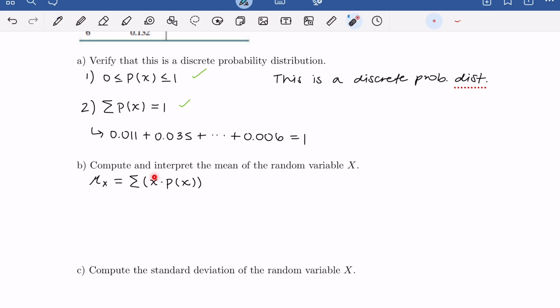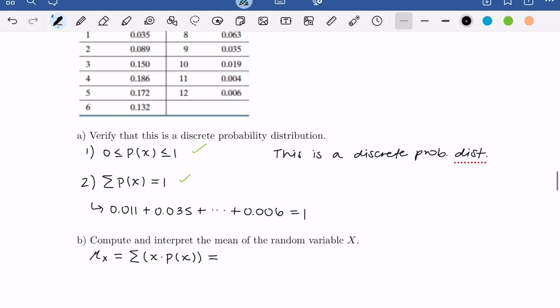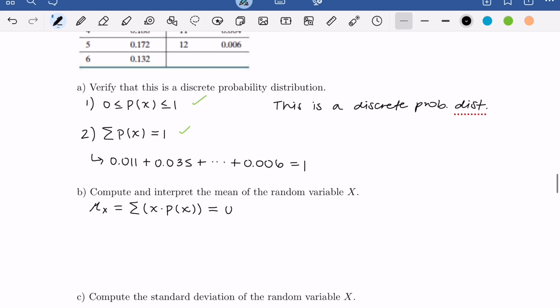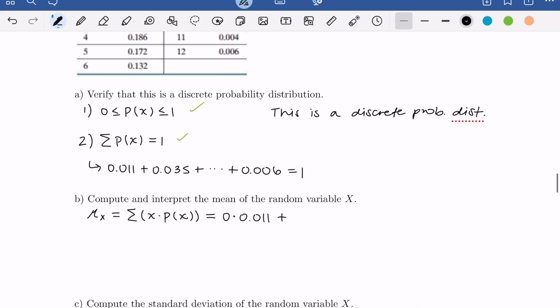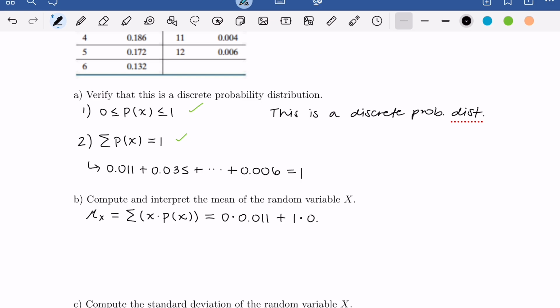Okay, so this is going to be the sum of the products of our value of our discrete random variable and the corresponding probability. So in order to find this, we're going to take our first value, which is 0, multiply it by that probability. Take our second value, which is 1, multiply it by that probability, and then repeat this process here.